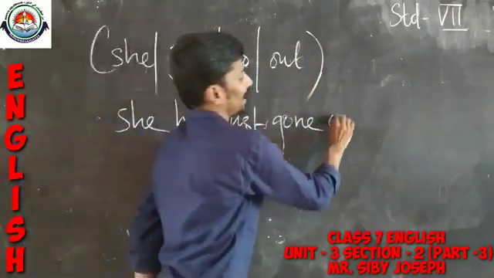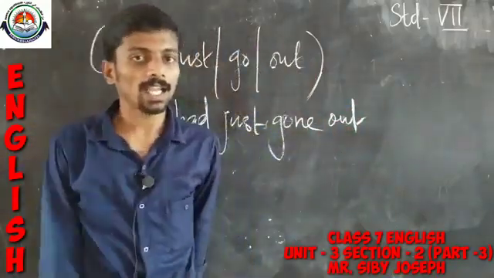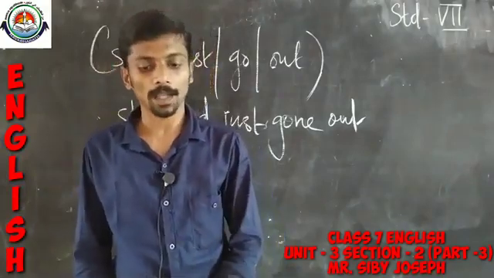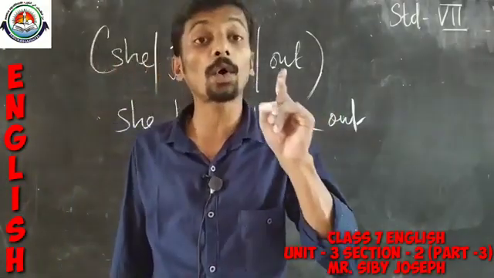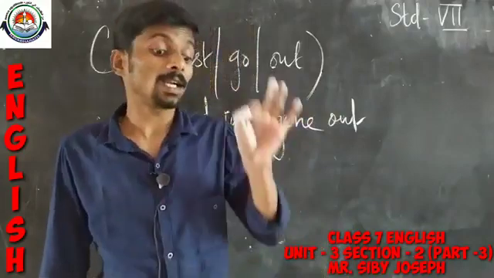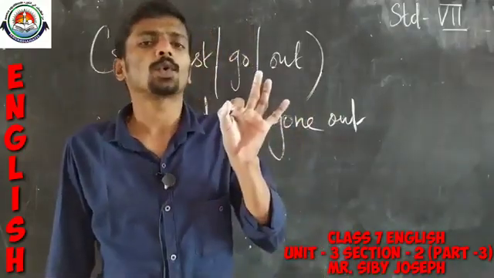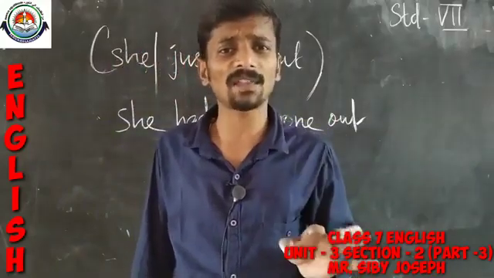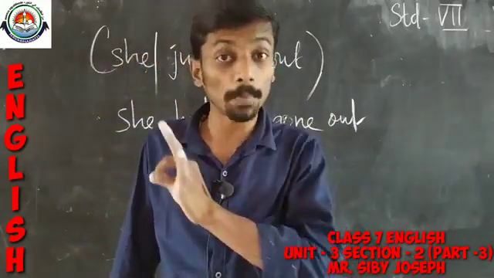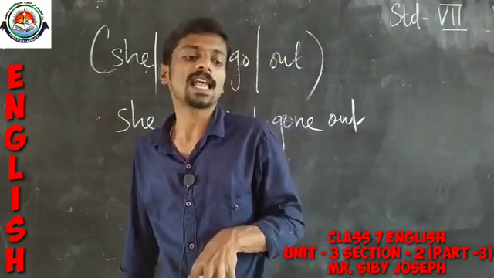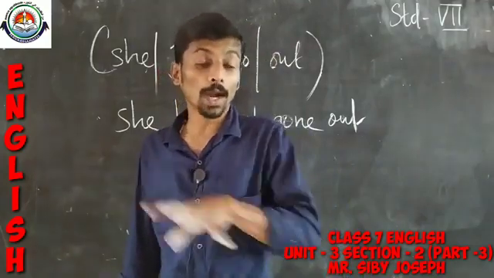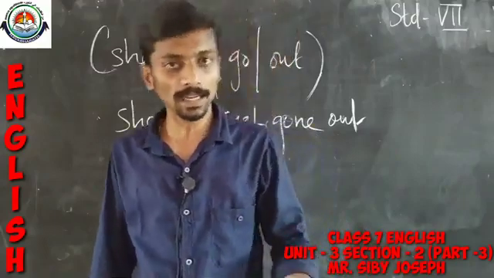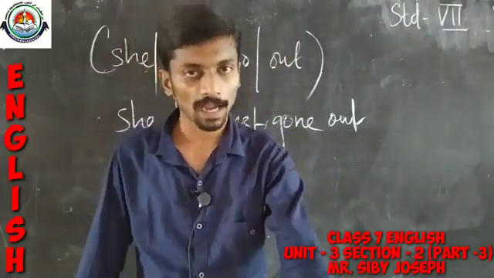out. Okay. So, in that way you will get the past perfect sentences. Now 4 sentences are remaining there. You have to go through those 4 sentences immediately after completing this online class, write those answers in the textbook itself, and then take a photograph and send it to me.